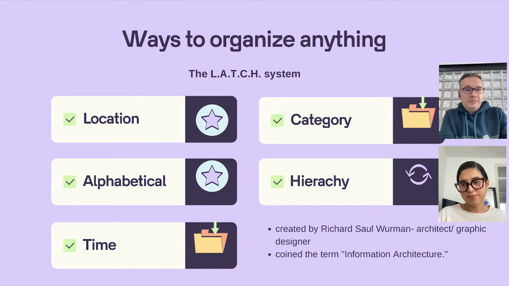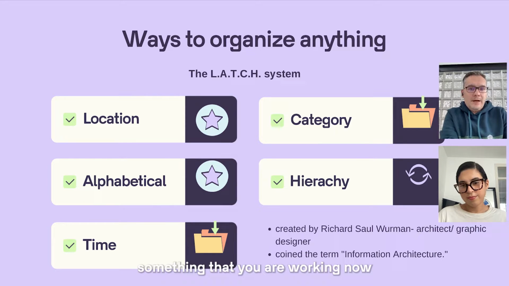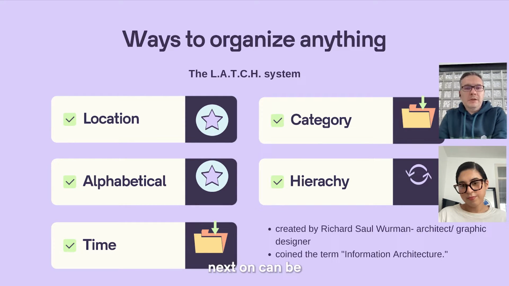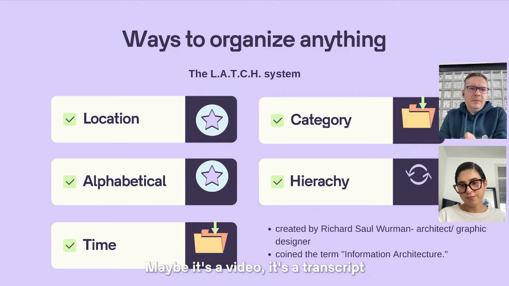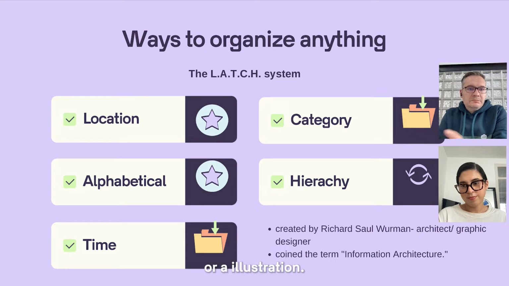You have in progress, something that you're working on now. Next one can be something that needs editing. Maybe it's a video, a transcript or an illustration. You have, for example, ready for publish.